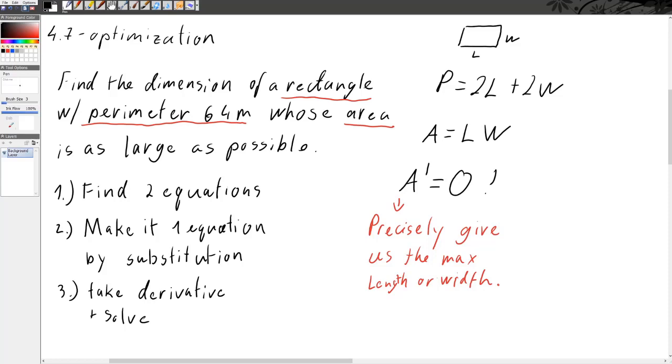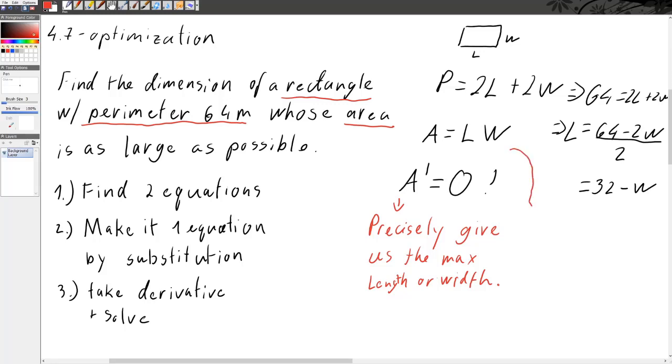So we try to solve the perimeter equation. We know that the perimeter is 64. So let me just solve for L. So that's going to be 64 divided by 2 is going to be 32 minus W. I will substitute that back into the equation for the area.